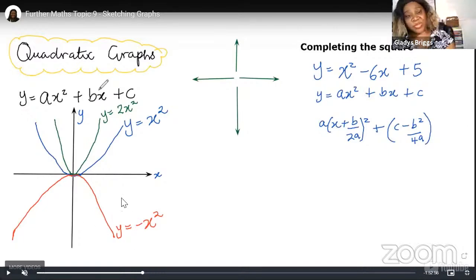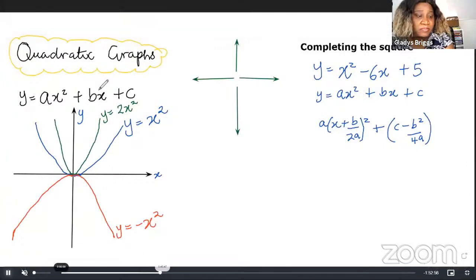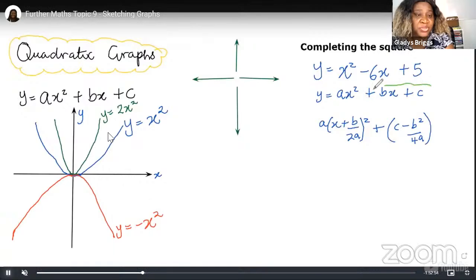So here goes the quadratic one, yeah? The general format for the quadratic is ax squared plus bx plus c, yeah? And I showed you what happens when you reduce the coefficient of x here on the first term.